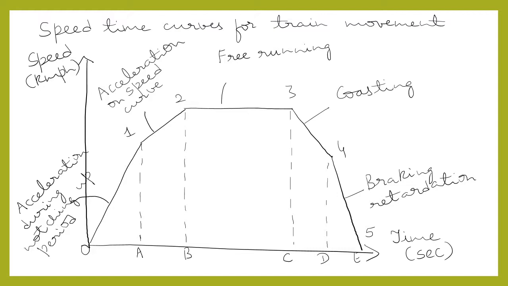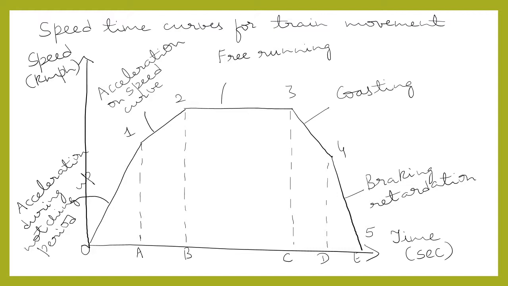At point 3 the power is cut off and the train runs due to its own kinetic energy, and there is retardation in the speed of the train during the coasting period because of friction offered to the train movement. Next time duration is DE, which is the braking retardation, curve from 4 to 5. During this period the brakes are applied to bring the train to rest.